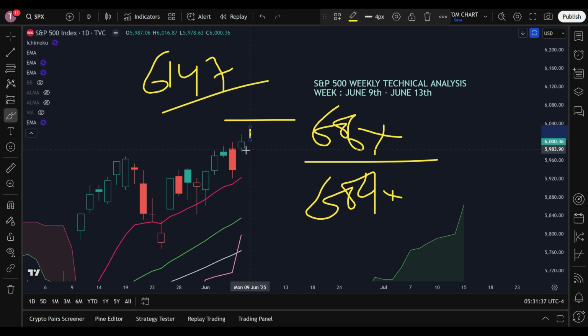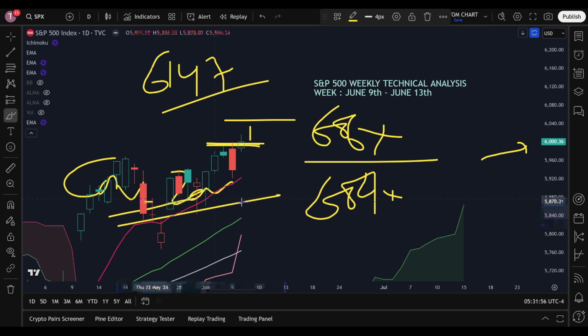This is more special because for the first time in the last 3-4 months, the S&P 500 has closed above 6,000, and also above the confluence zone. This is very, very important. Not 6,000 so much, but the confluence zone is very much important.